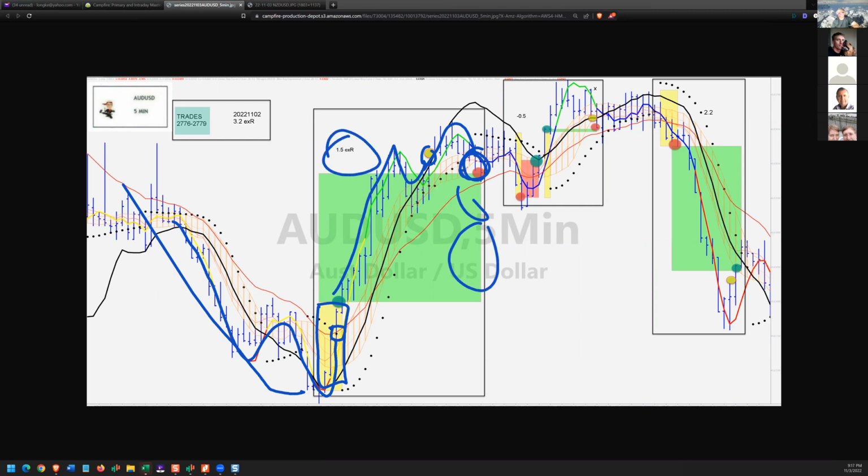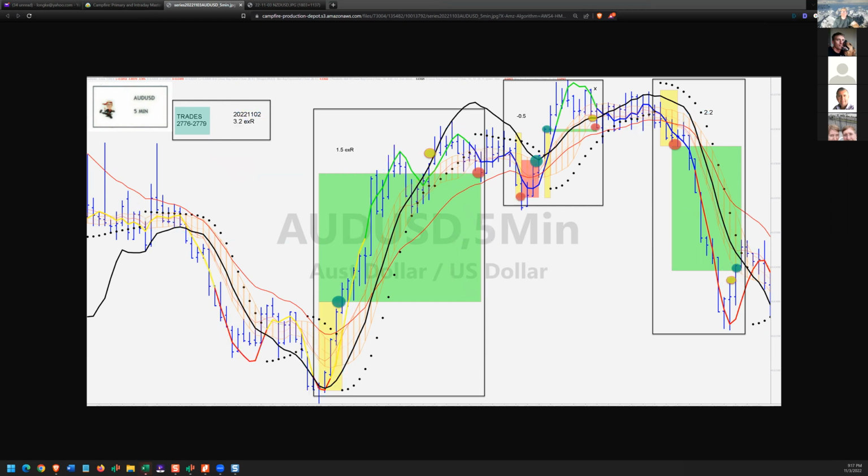He goes for the collapsing dragon short, doesn't work, so stop and reverse for a scratch, and then re-enters short, and then makes another 2.2 for a total of 3.2 for the day. Nice work.